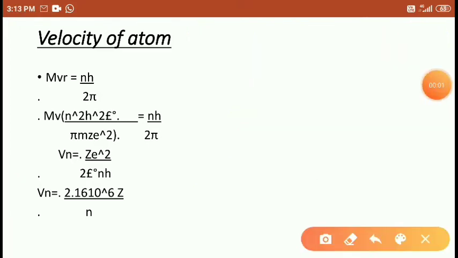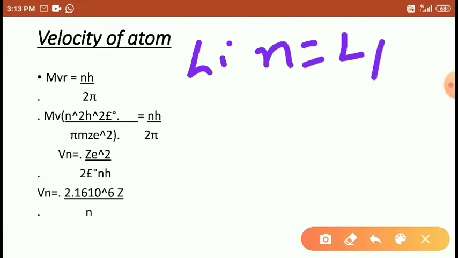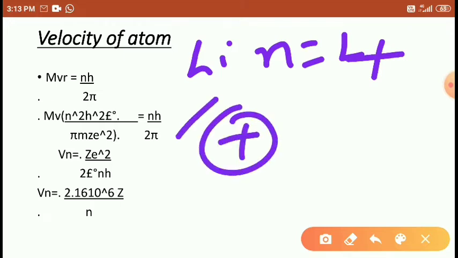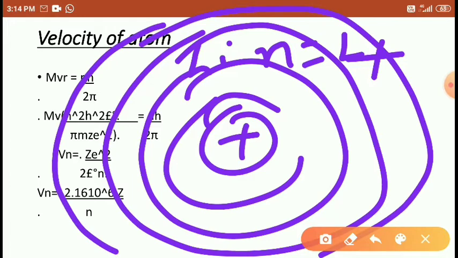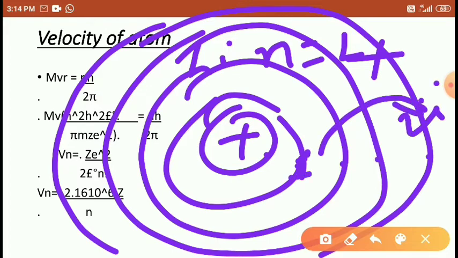Okay students, if you want to calculate the velocity of electrons of lithium when the energy level is 4, it means electrons are promoted from the first energy level to the fourth energy level: 1, 2, 3, 4. So what is the velocity here?